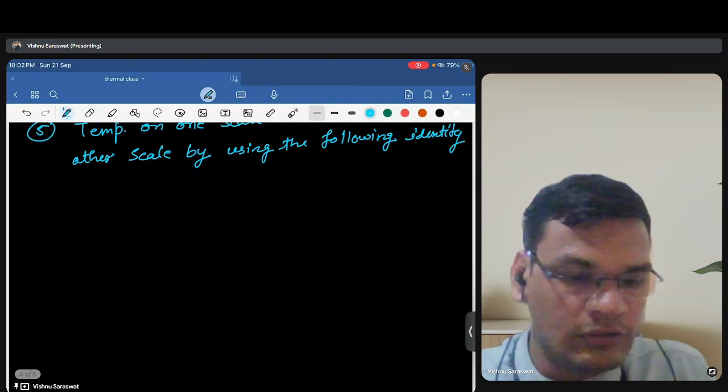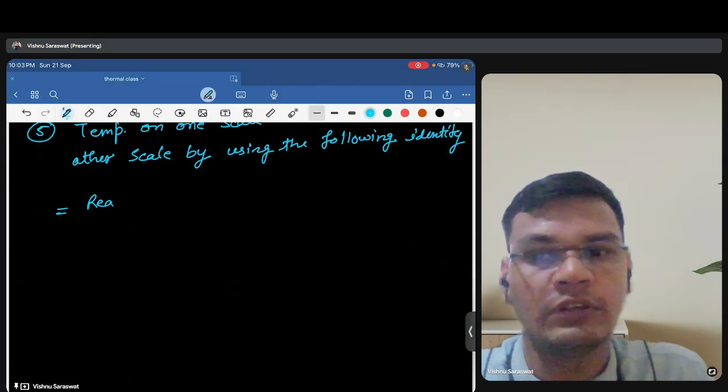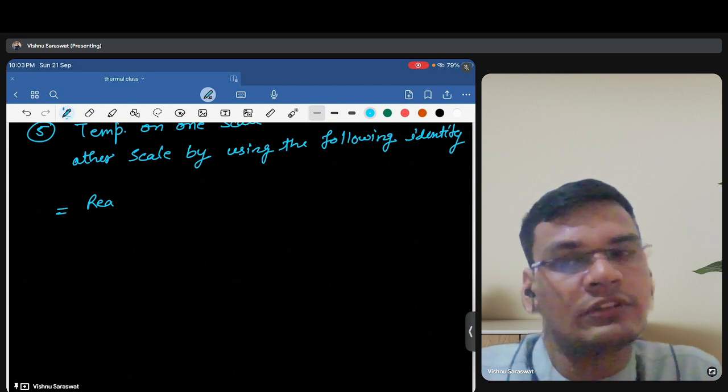So I am writing down the formula for how to convert one temperature scale to another temperature scale.